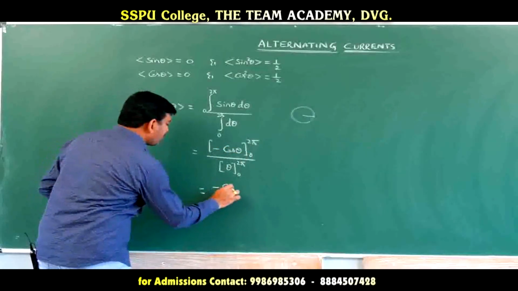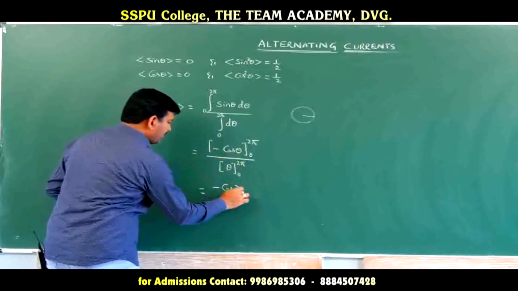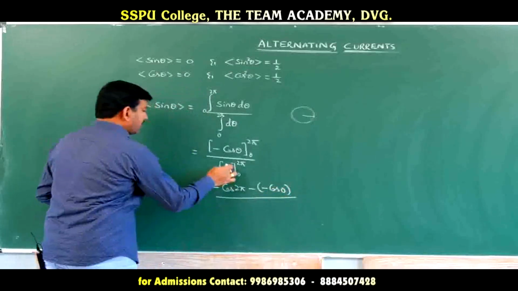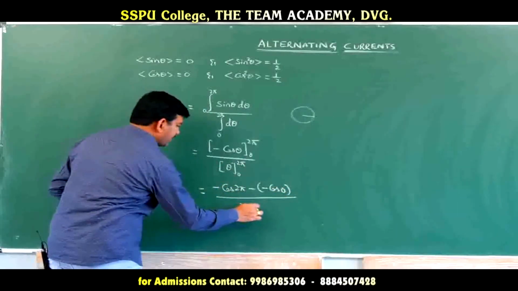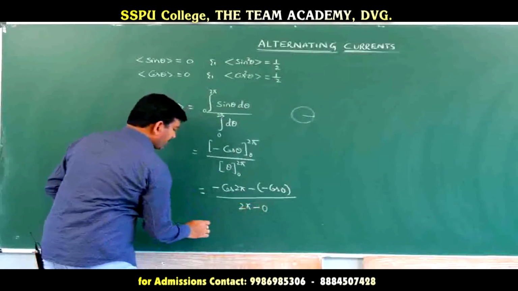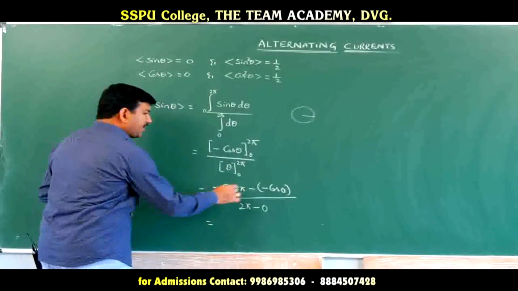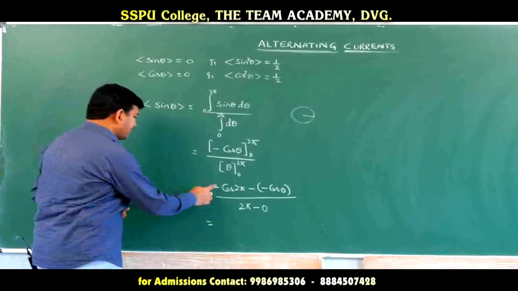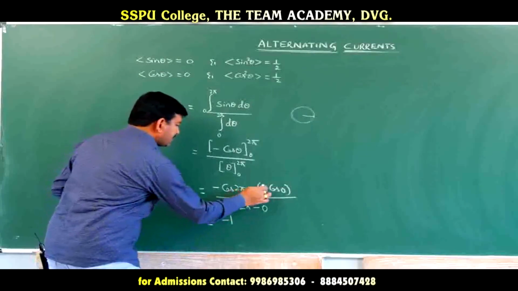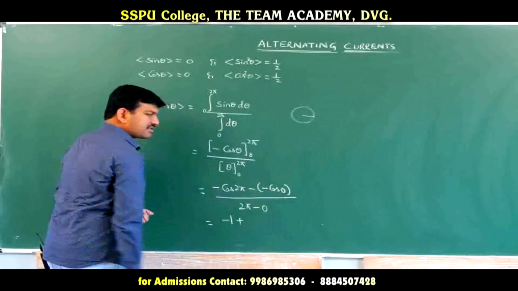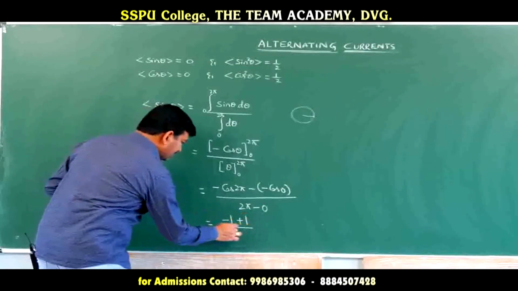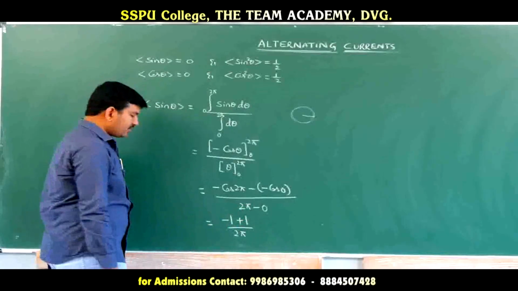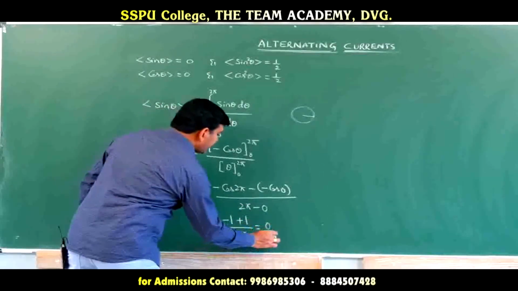So we get minus cos 2 pi minus cos 0, divided by 2 pi minus 0. Cos 2 pi is cos 360, and cos 360 is 1. Here minus is there, therefore minus 1. Minus of minus is plus. Cos 0 is plus 1, divided by 2 pi. So what do you get? Minus 1 plus 1 is equal to 0. 0 divided by something is nothing but 0.